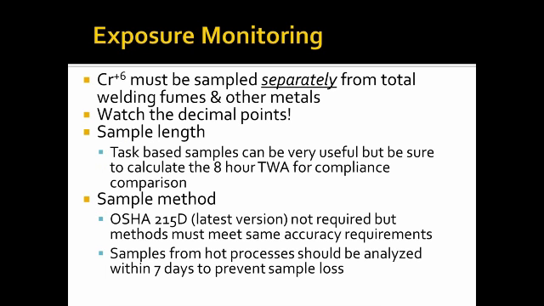There's a 1,000-fold difference between those numbers, so be very careful about making sure that you're looking at micrograms and milligrams correctly. On sample length, OSHA compares the numbers to an 8-hour time-weighted average. However, breaking apart tasks, such as these higher exposure tasks, to identify what might or might not need controls is very useful, but in the end you need to compare your 8-hour time-weighted averages back to the PEL.